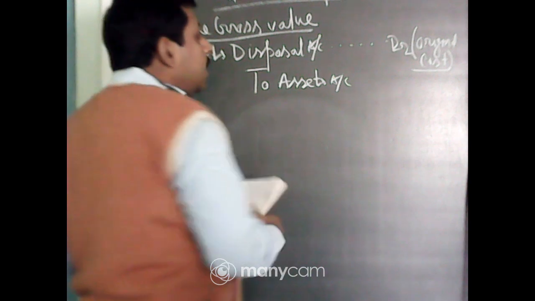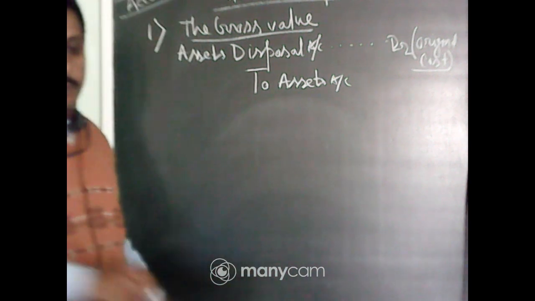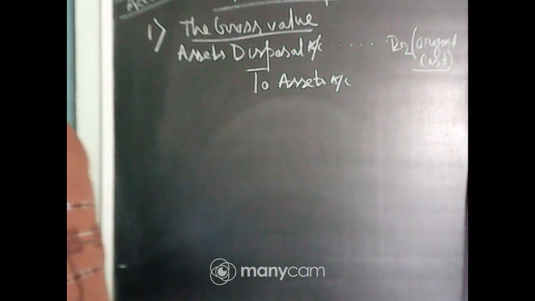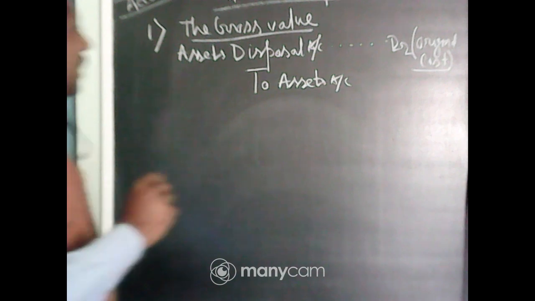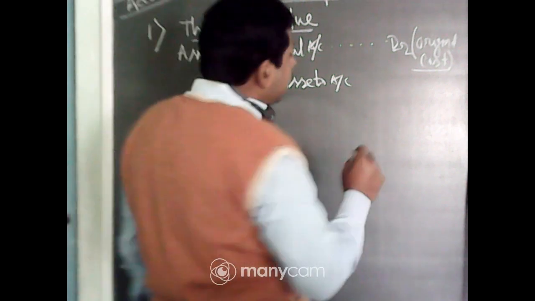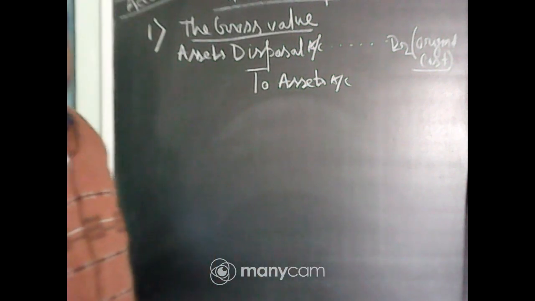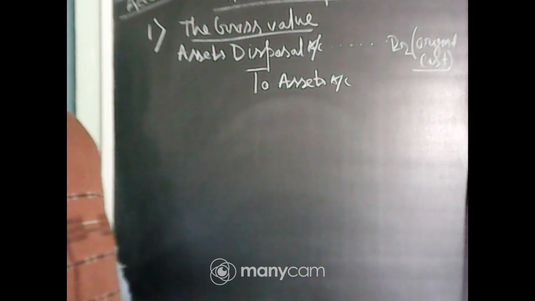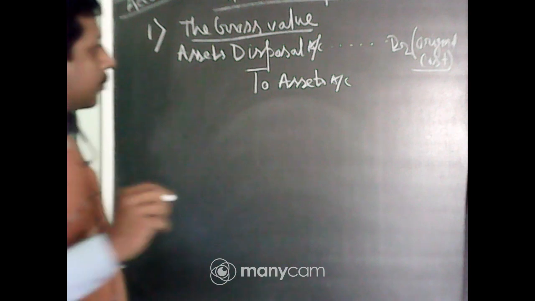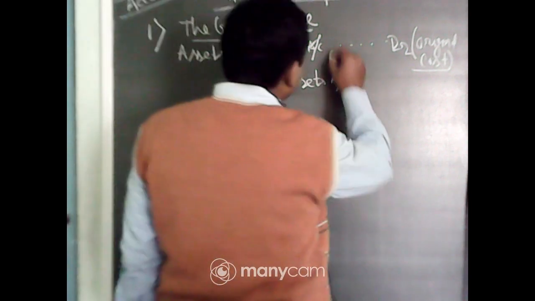When the original cost? When we maintain the provision for depreciation account. In that case we will take in the asset disposal account the original cost of the machinery. But if we do not maintain the provision for depreciation account or accumulated depreciation account, in that case you have to follow the book value of the machinery.